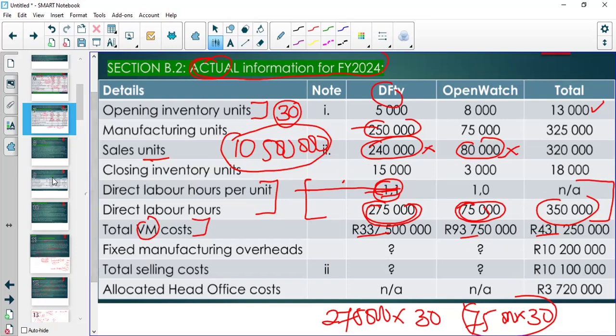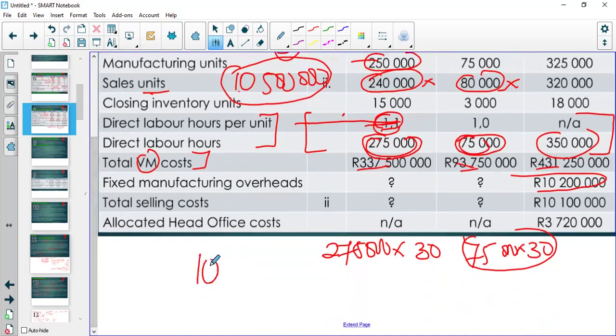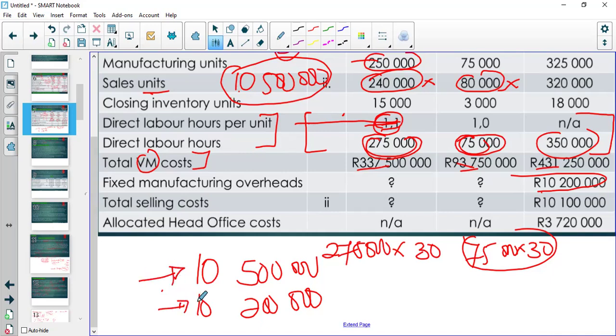Then I'm going to check what the actual is. The actual is 10,200,000. So in other words, my cost of production includes 10,500,000, but it should be 10,200,000.